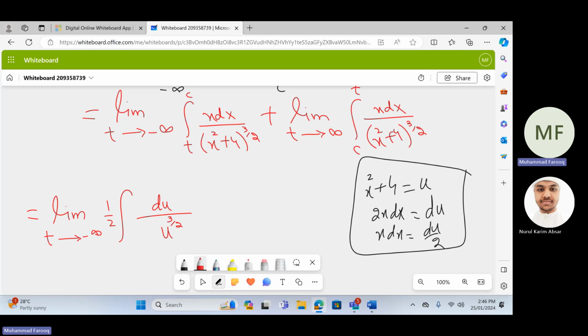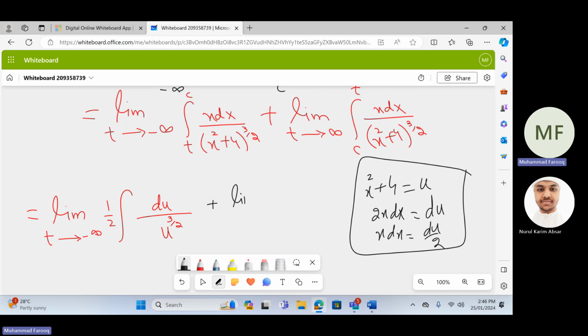I'll write it just one time because the same answer goes here, since it is the same function. So what is the integration of u to the power minus 3 by 2? Take it up: minus 3 by 2 plus 1, over minus 3 by 2 plus 1. How much is that? Negative half. Okay.